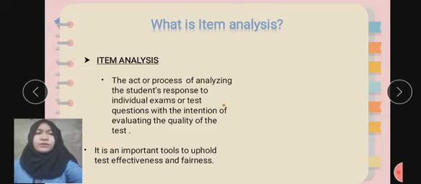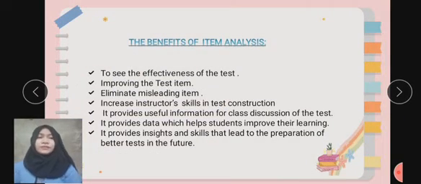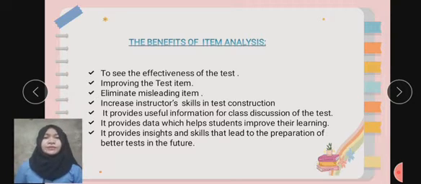So, we have here some benefits. First, to see the effectiveness of the test. Like what I said earlier, class, to see if the test that you give is effective to them. For example, let's say the test is very easy, nakasagot silang lahat, sasabihin mo as a teacher, wow, natutunan nila ako kasi napakadali lang, lahat sila naka-perfect.